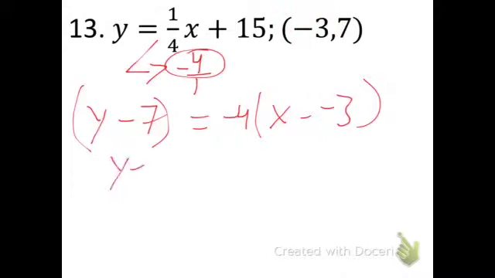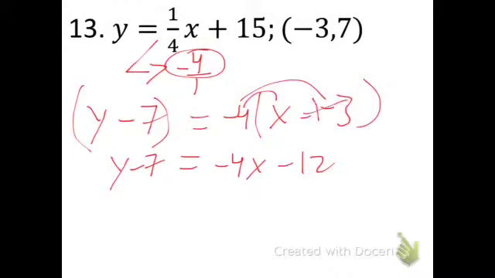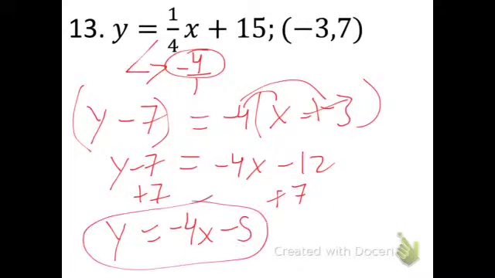Left side, the parentheses don't do anything there. We need to do negative 4 times both of those guys, so we got negative 4x and negative 12, because those make a positive. And we need to now add 7 to both sides. We're looking at y equals negative 4x minus 5 for our equation.